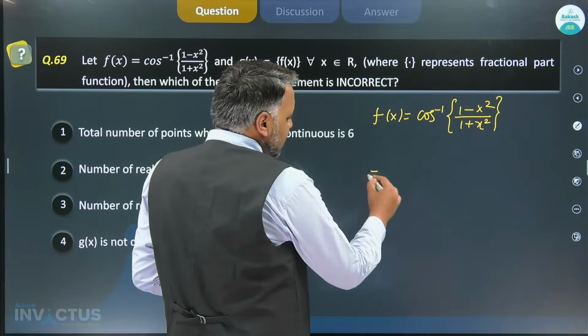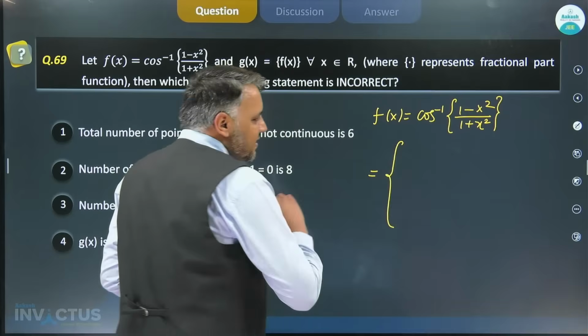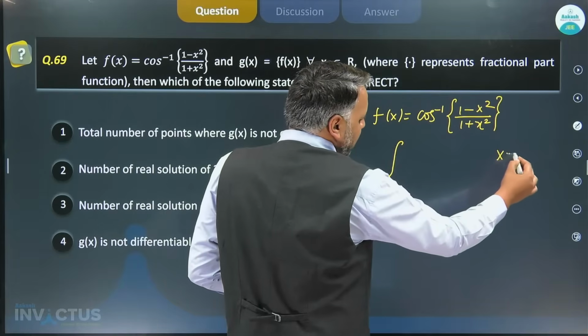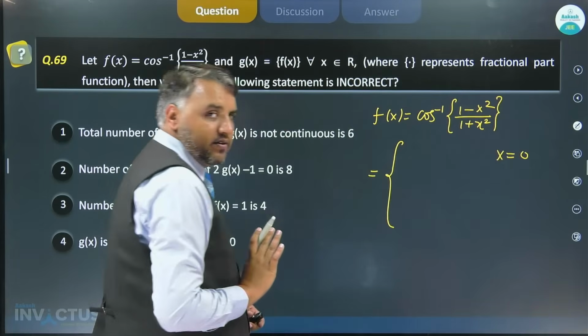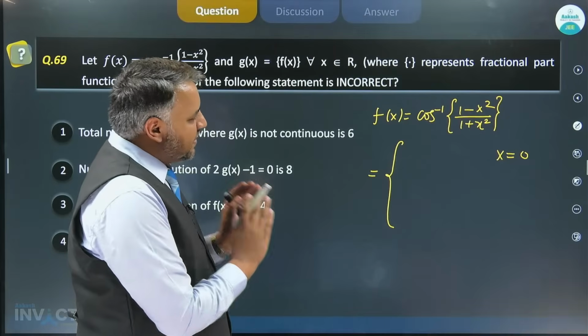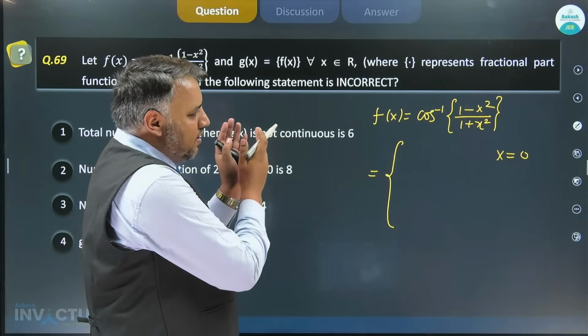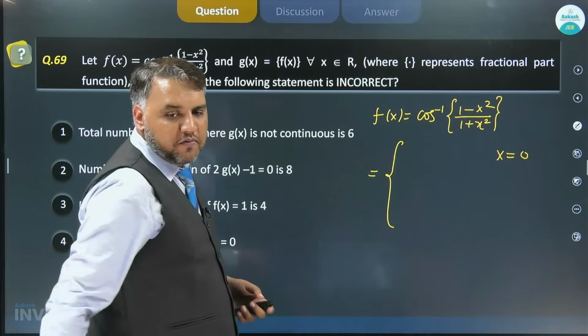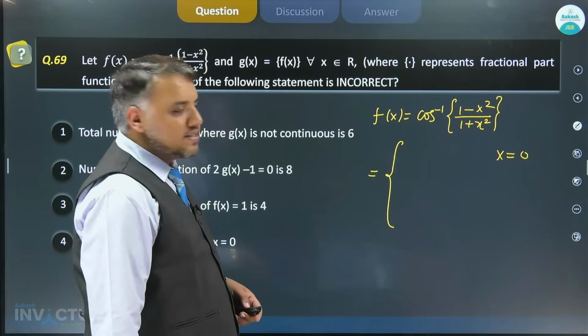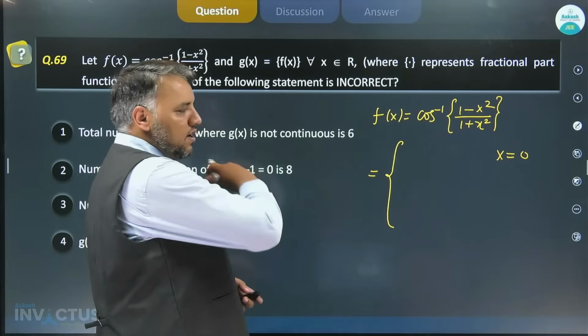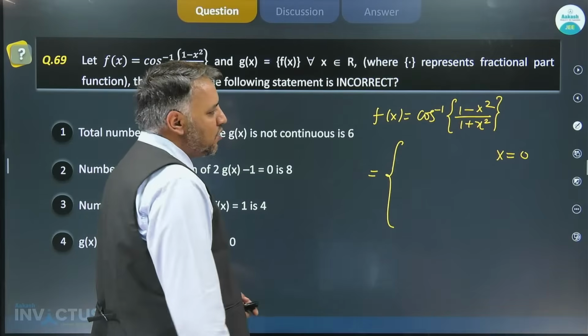So taking cases, let us define f of x in different segments. This is an even function, and if this is even, we can find the graph on the positive side of the y-axis, then add the reflection about the y-axis.